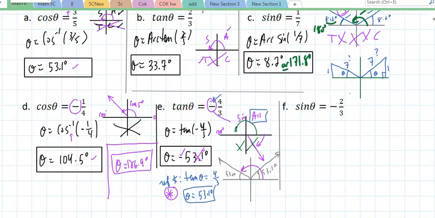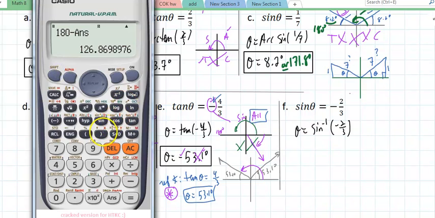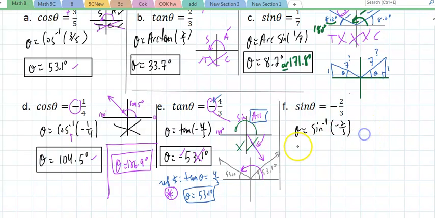If I look at part F, I know that theta equals the arcsine of negative 2/3. I use my calculator to figure that out. If I take the inverse sine of negative 2/3, I'll get negative 41.8 degrees.